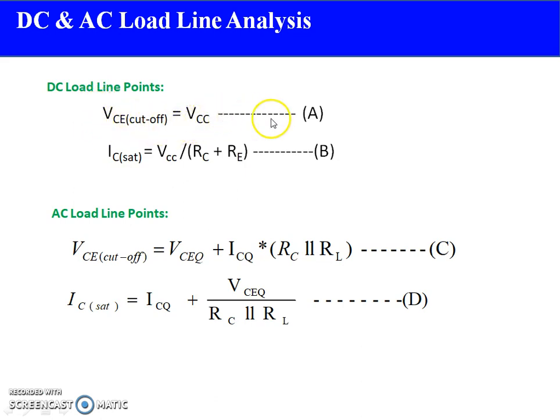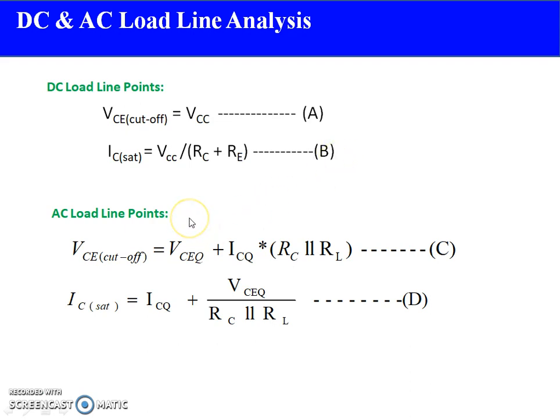Let me indicate this point as capital A. IC saturation is given by VCC upon RC plus RE. Let me indicate this point as capital B. So capital A is the cutoff point for the DC load line, while capital B is known as the saturation point of the DC load line.